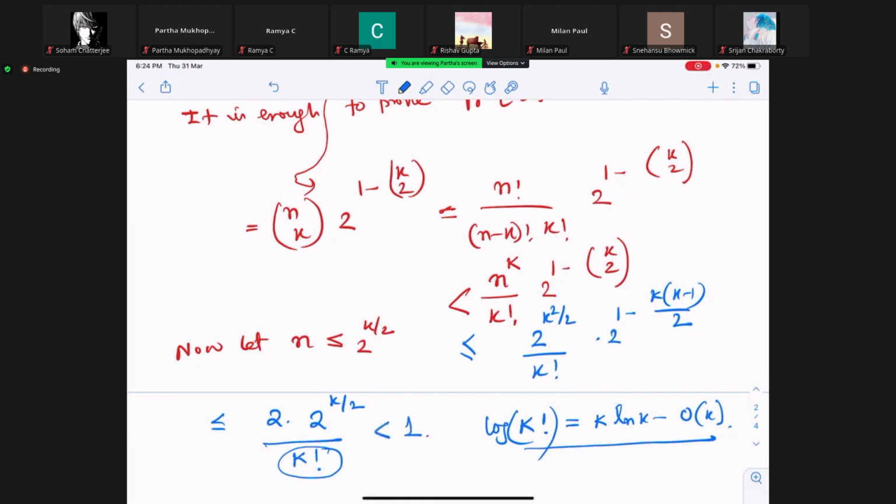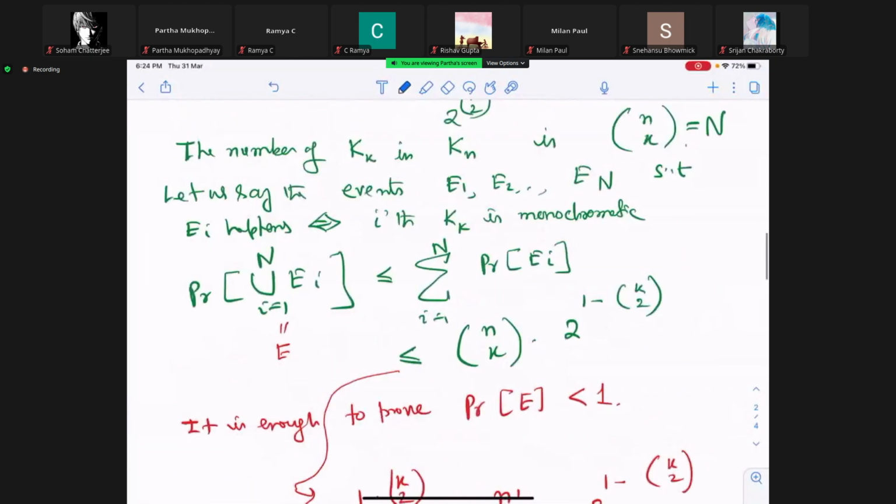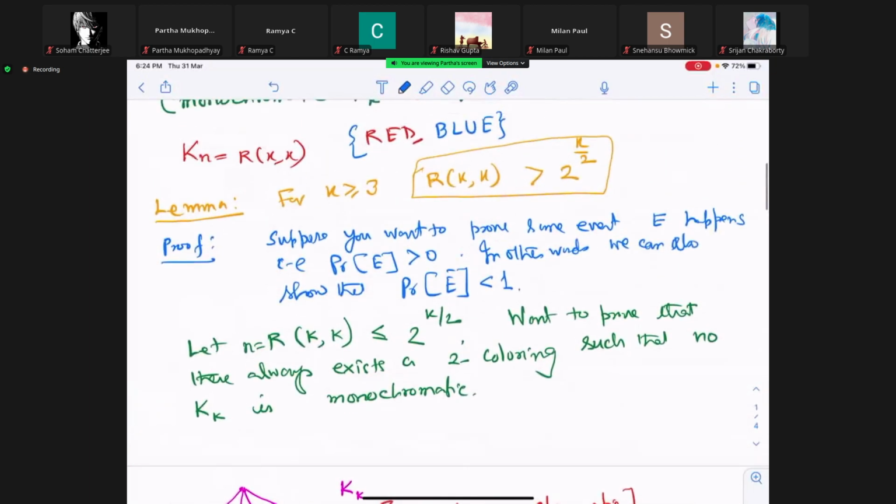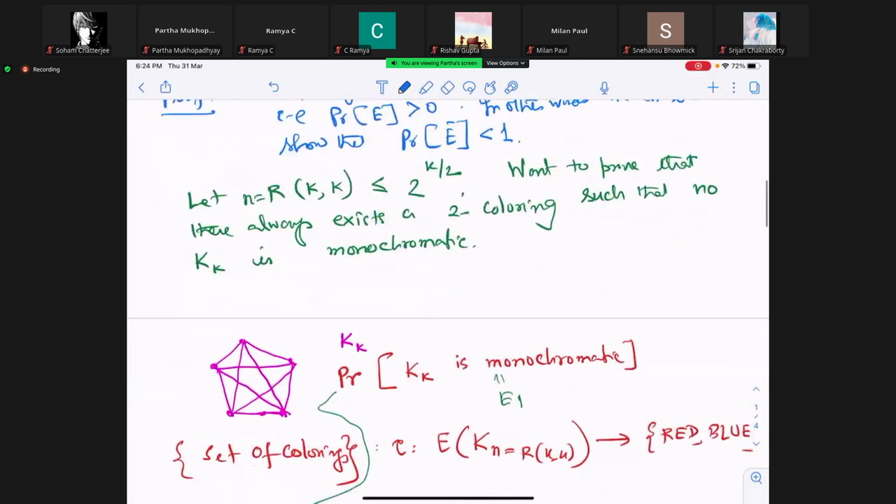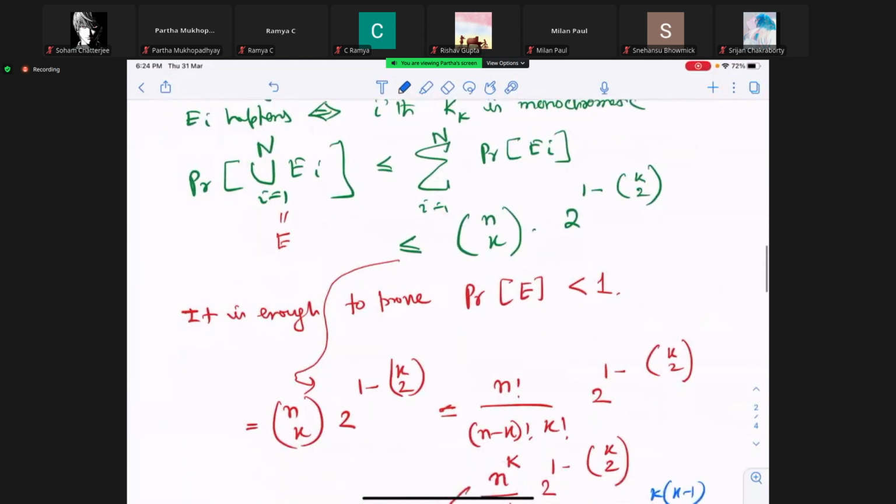That's it. See, this is a sleek argument, right? This completely avoids the graph theory part of the problem. When I stated the problem, you felt like, oh, I have to do some heavy graph theory to prove it. But the way they proved it is completely different, a totally different insight.